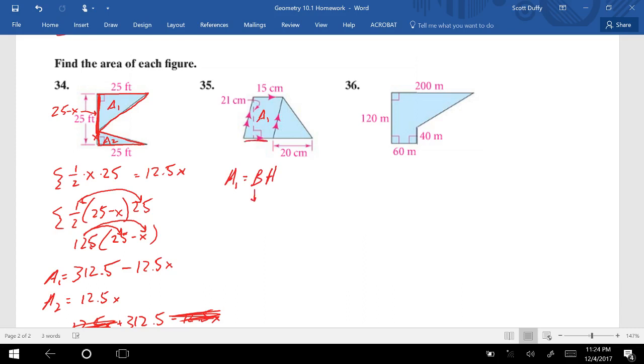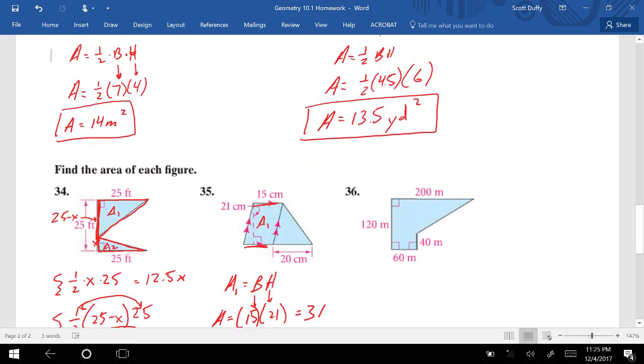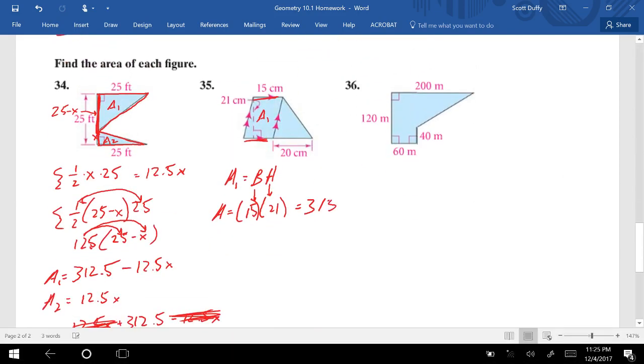Base, we'll say it's 15, and height is 21. So I got 315 square centimeters, but that's only the first part.